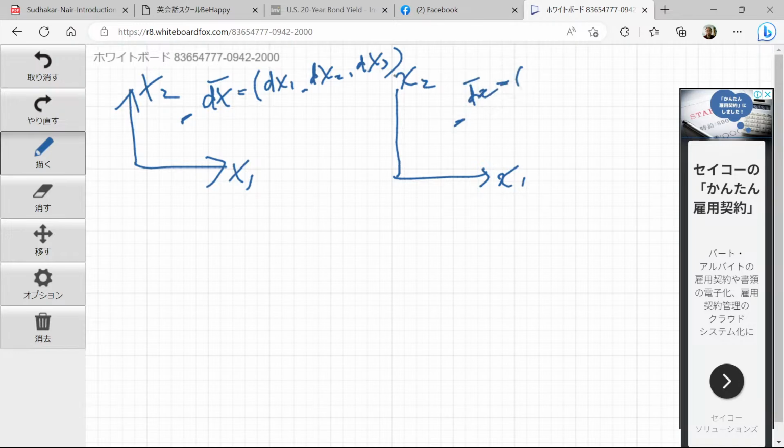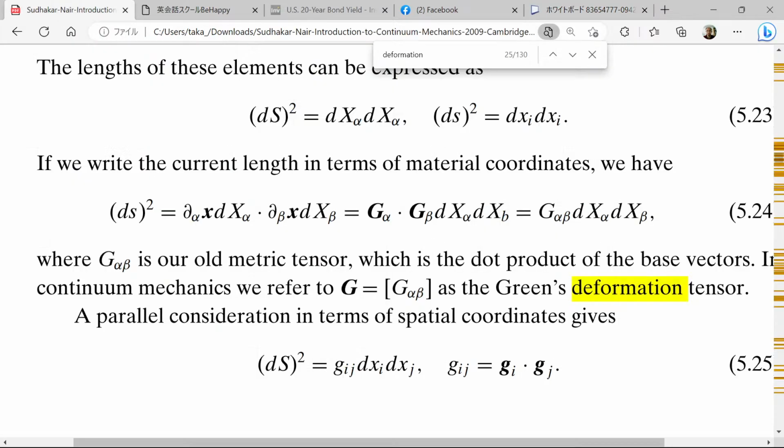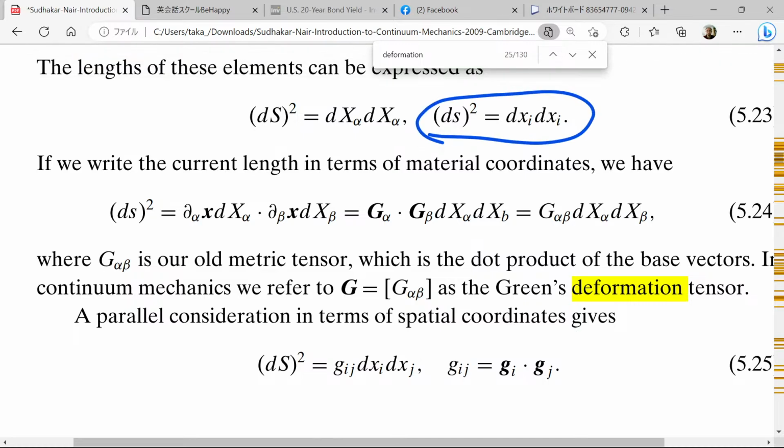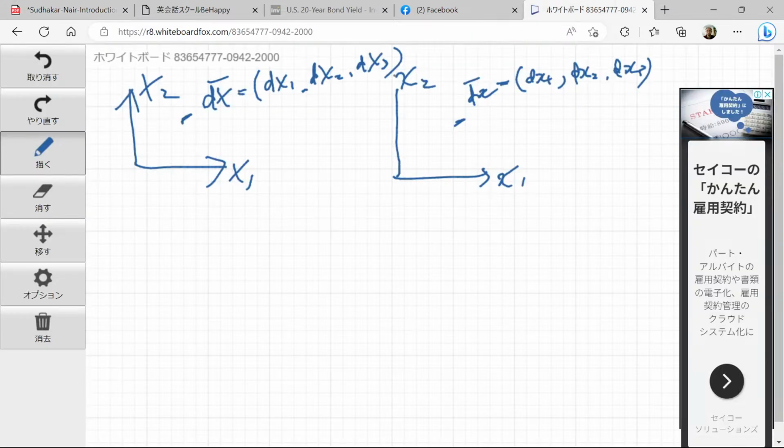So here the corresponding small segment you call small x. So this also has dx1, dx2, dx3, right? So we take this one, the segment length in small spatial coordinate, right?